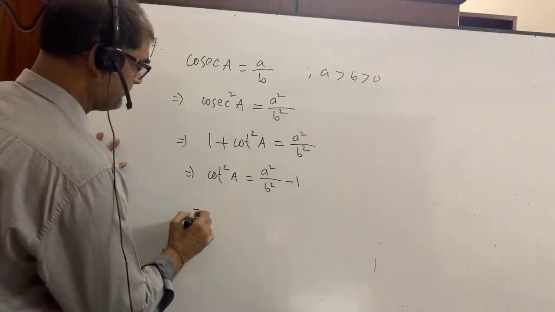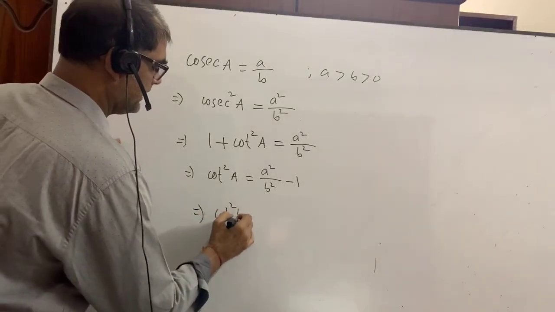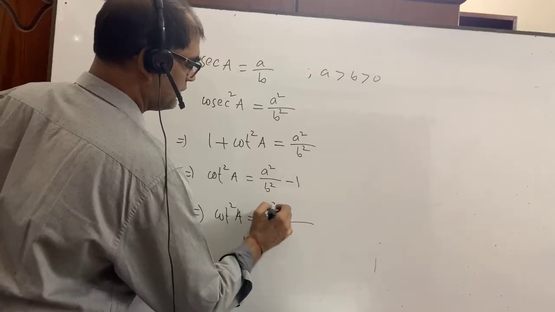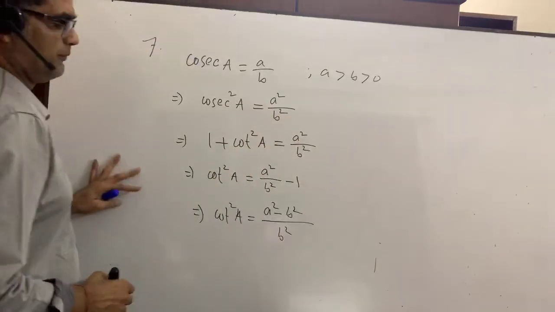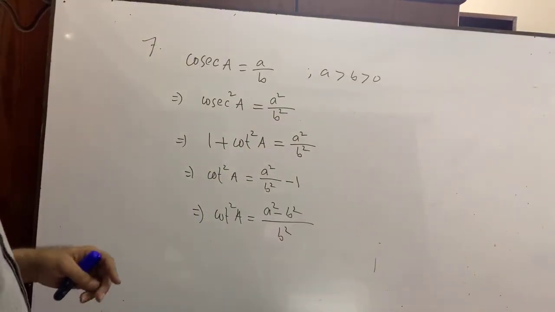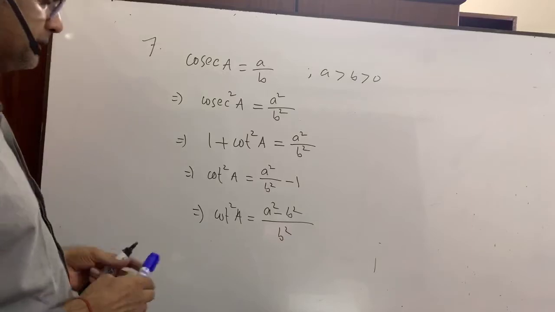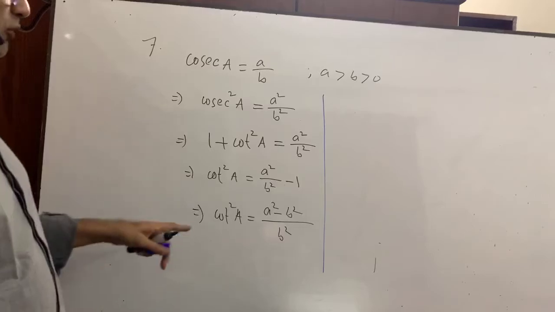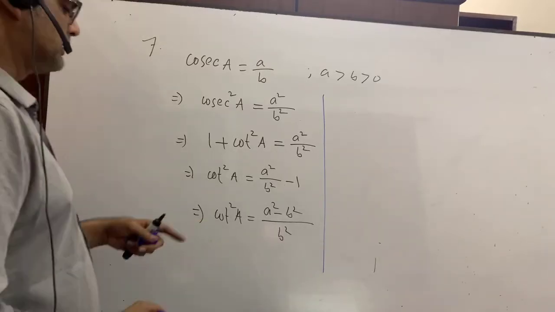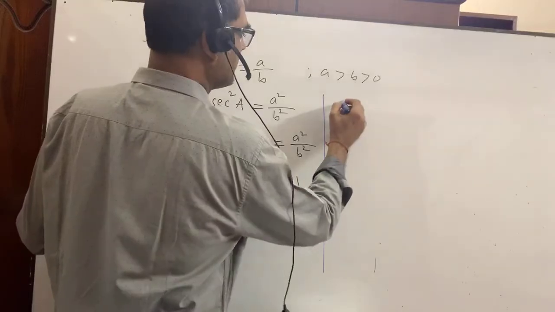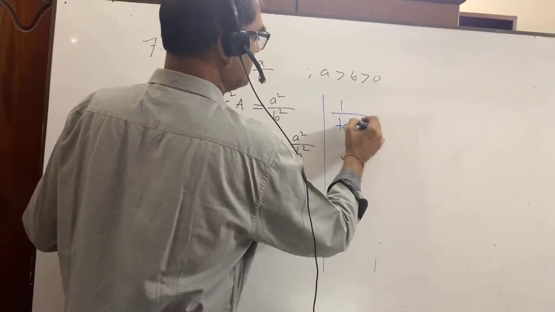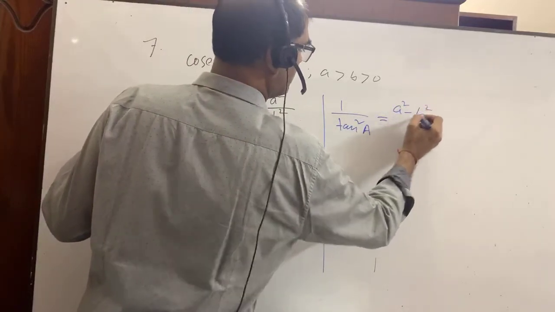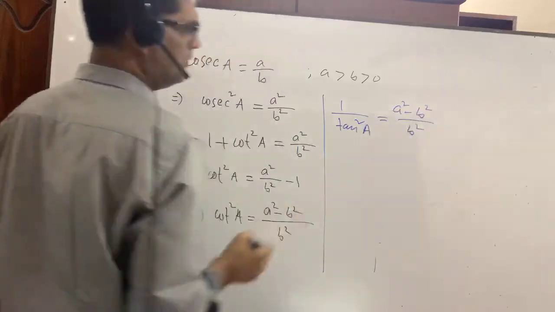That means cot square A is equal to, B square can be taken as LCM, that is (A square minus B square) by B square. But you see, in the proof we have tan A. Pay attention, we have tan A. So I can convert cot square A into tan square A. What is cot square A? 1 by tan square A. You write down 1 by tan square A is equal to (A square minus B square) by B square.